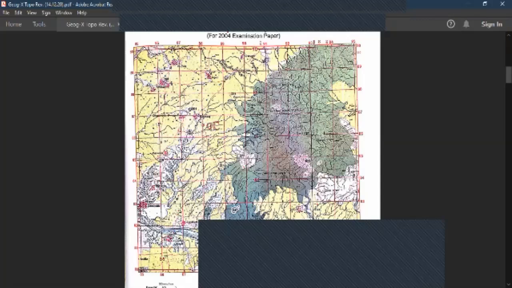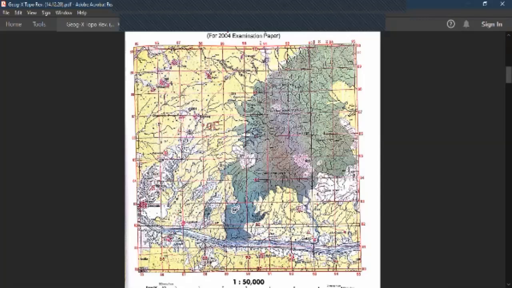Here, as you can see, the lines that increase in value eastward are known as eastings, like number 85 to 95.